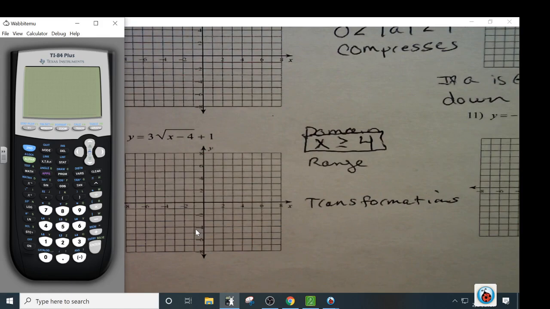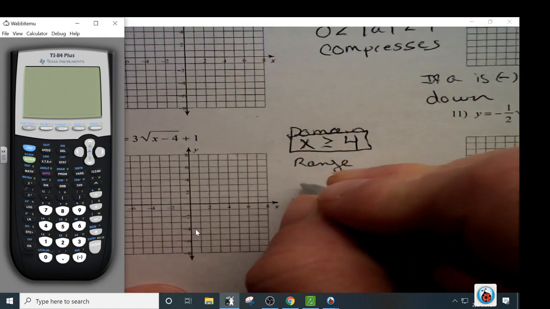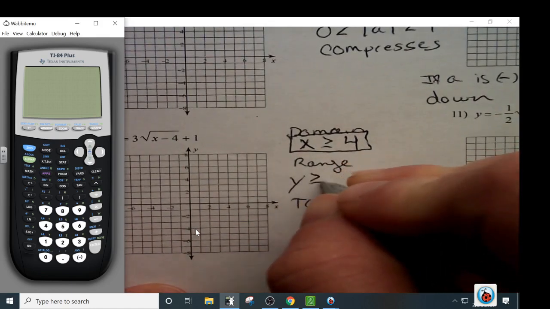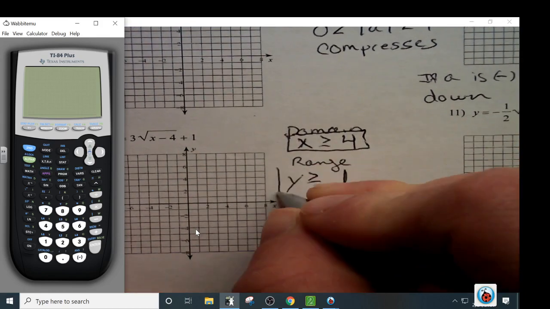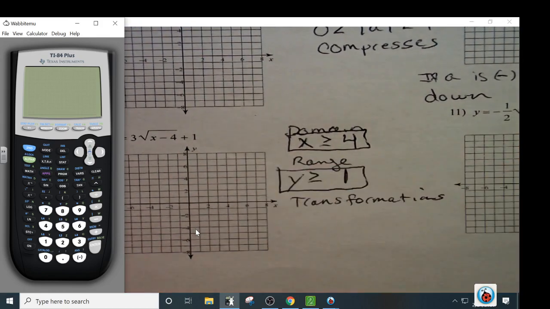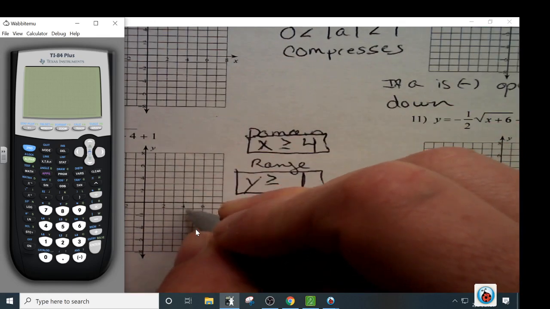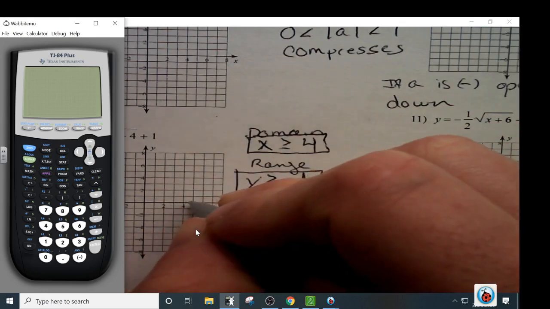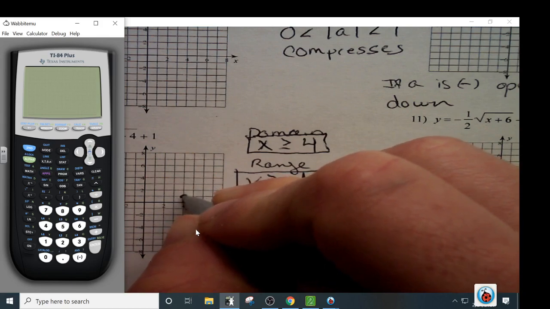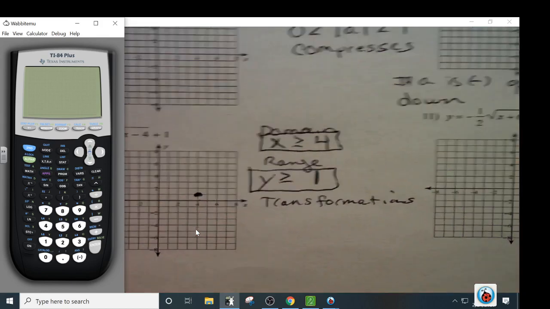All right, your range should be y values greater than or equal to 1. All right, now your origination point here, guys, will be 4, 1.